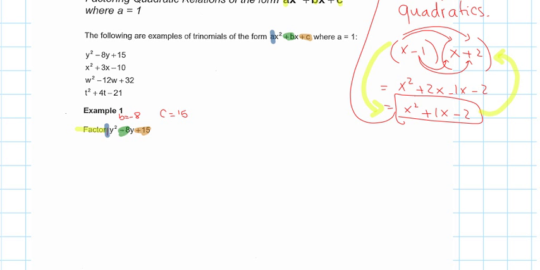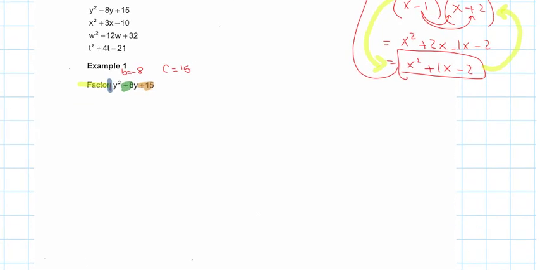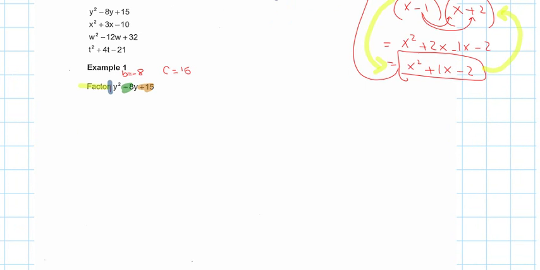In order for me to be able to factor this, I'm going to have to look for the following. I'm going to have to look for two numbers that always multiply to 15, and at the same time, have to add to -8. Okay?